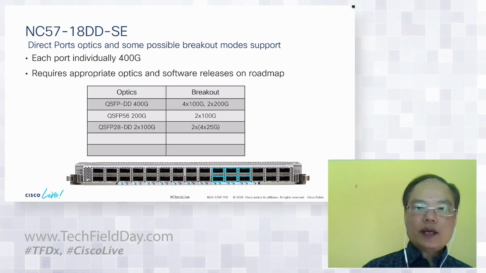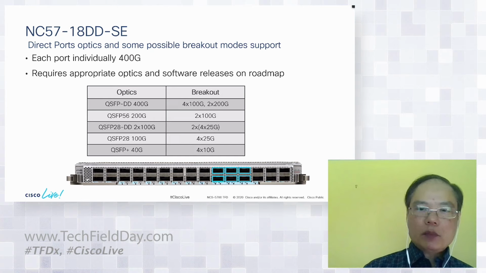For QSFP28DD 2x100 gig optics, each individual 100 gig can be broken out to 4x25. For QSFP28 100 gig ports, it can be broken out to 4x25. For QSFP+ 40 gig optics, it can be broken out to 4x10. So the support for the direct port is rather straightforward.